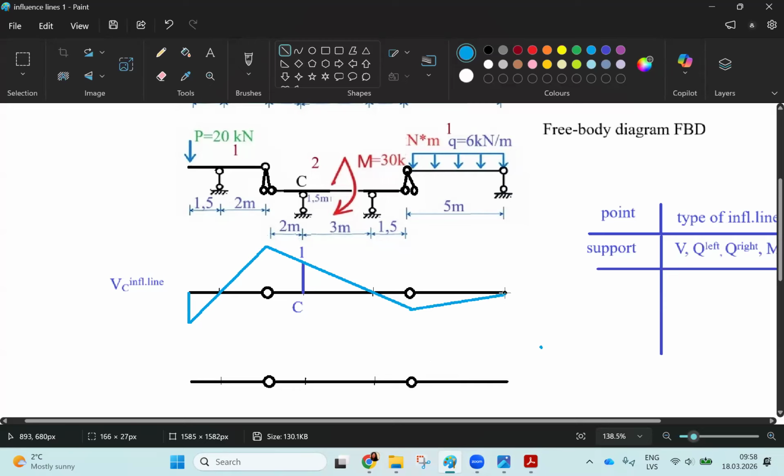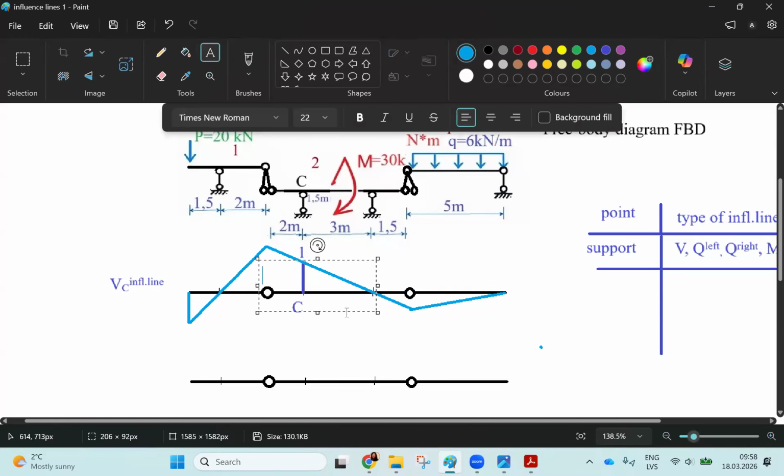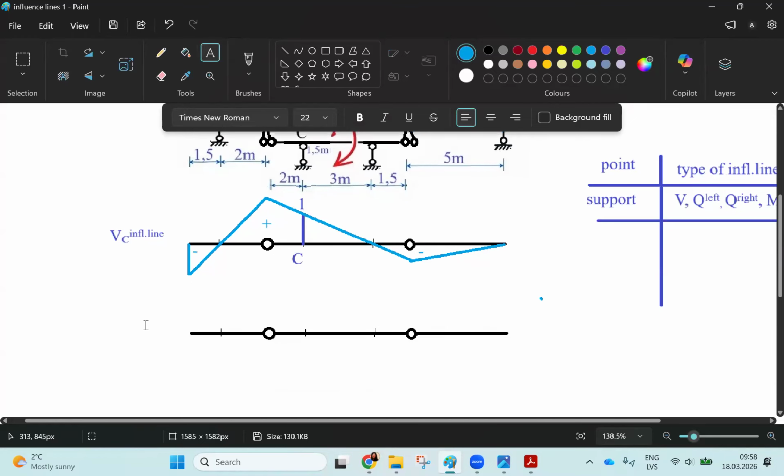In this case, the end support is a support as well, so we just finish the influence line. That's it for the influence line of the support. Positives are upward and negatives are downward. You can put it in a circle as well. So next one is Q left.